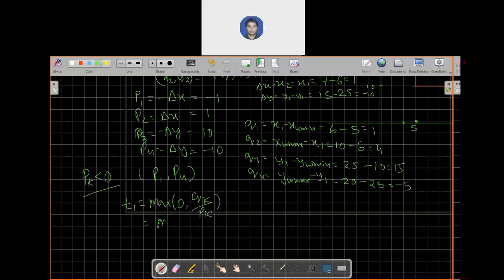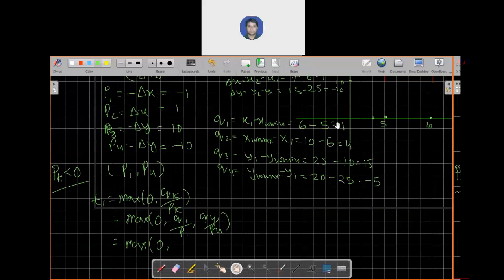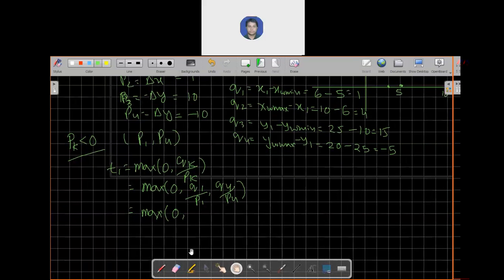We will calculate for 1 and 4, that is q1 over p1 and q4 over p4. Put the values: max of 0, q1 divided by p1, q1 is 1, p1 is minus 1, so 1 divided by minus 1, and q4 is minus 5 divided by p4, which is minus 10.